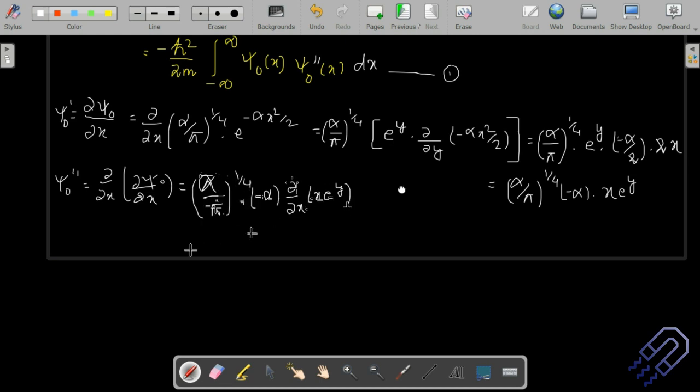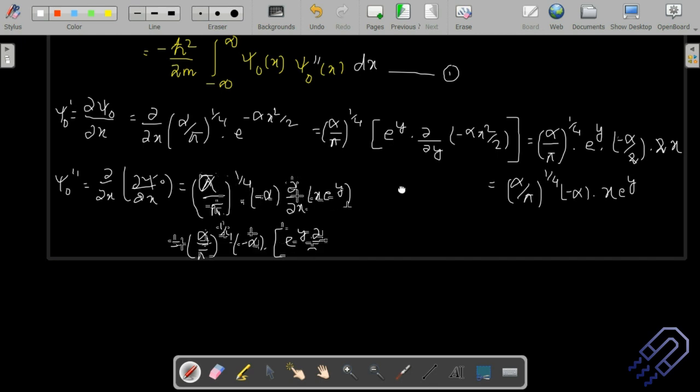So this would be differentiation by breaking it into two functions. So it would be alpha by pi to the power 1 by 4 into minus alpha into e to the power y del x of x, right?